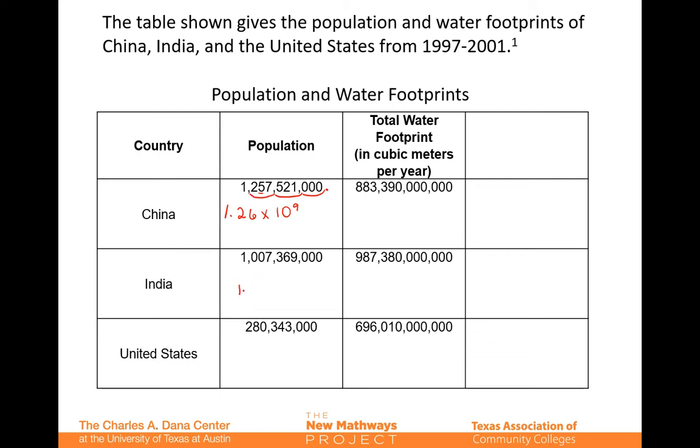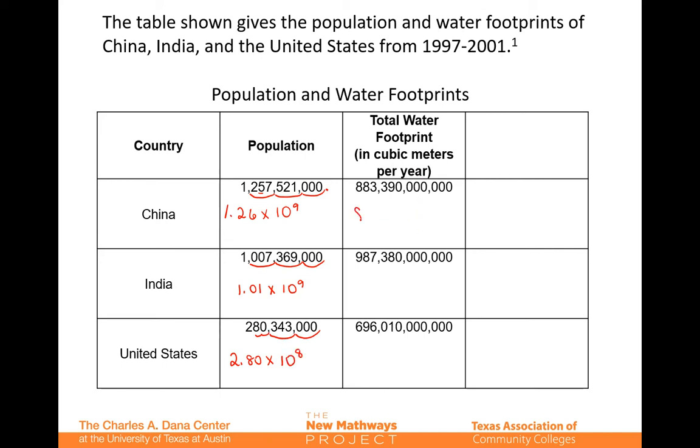Similarly, this was 1.01, 3, 6, 9 places. And then our population, 2.80 times 3, 6, 7, 8. So there's our smaller population.